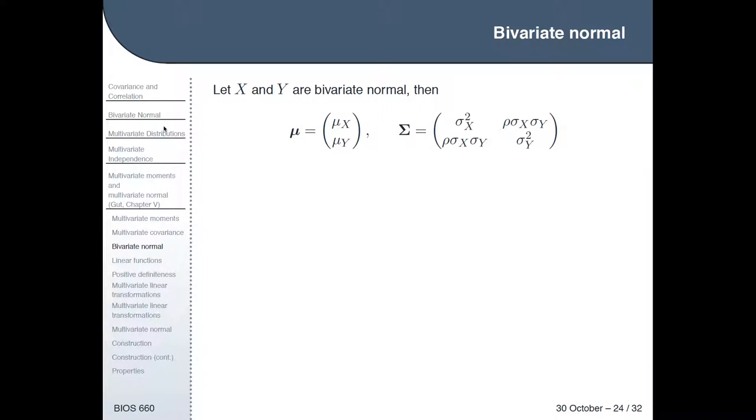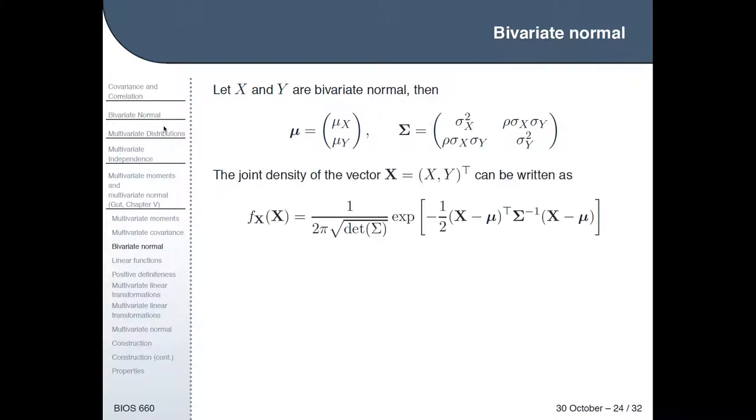Like the bivariate normal case, if you have mean vector mu x, mu y, your variance covariance matrix looks like sigma x squared, sigma y squared, rho times sigma x, sigma y.